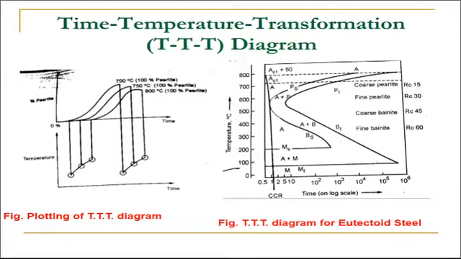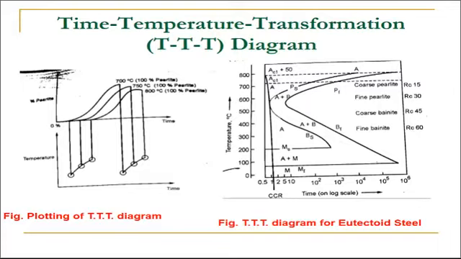So the percentage of pearlite versus time plot is obtained first, and from the same plot, points are plotted on a temperature and time graph. All the points obtained on the temperature versus time graph are then joined by a smooth curve. The smooth curve obtained is nothing but the time temperature transformation diagram.